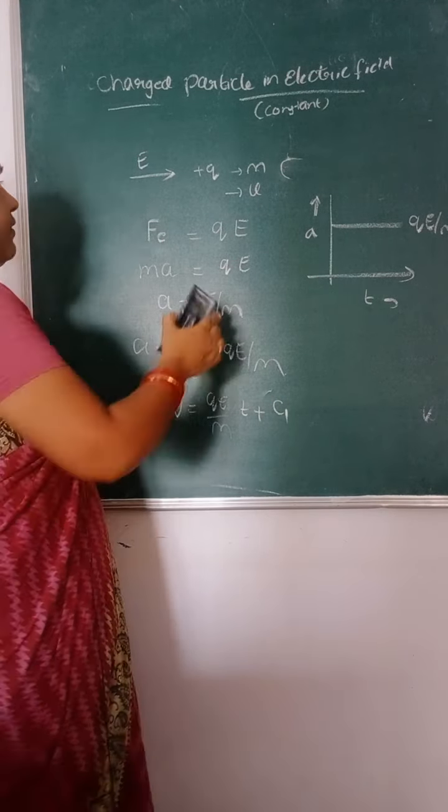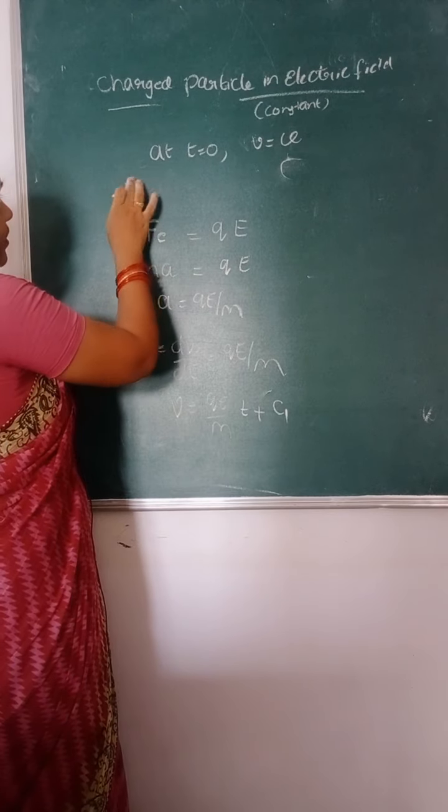Then how can we calculate the constant of integration? By applying the boundary condition. Let us suppose that at the initial time, that is at t equal to 0, the velocity of the particle is u. Then substitute this value in this equation.